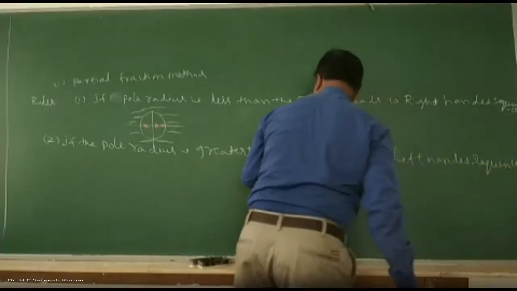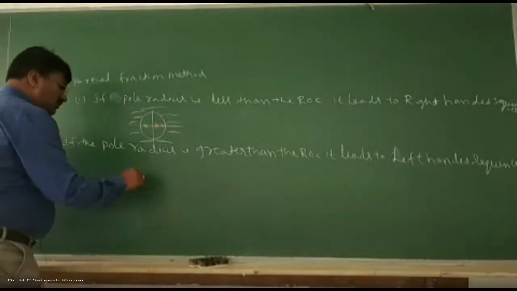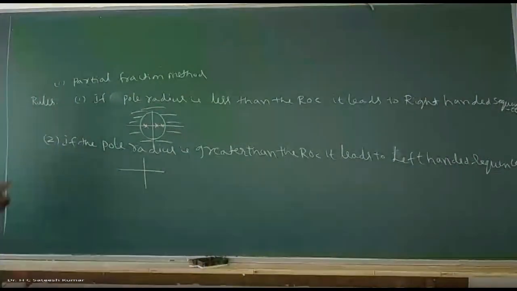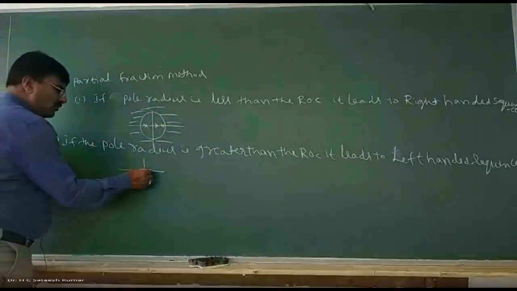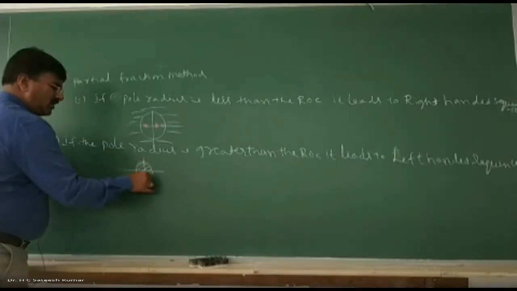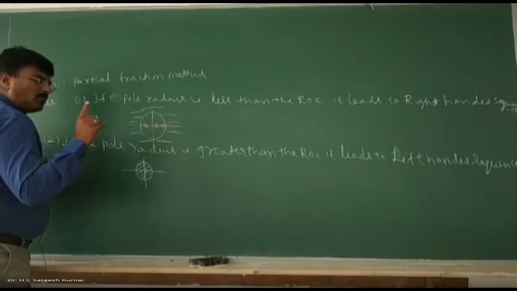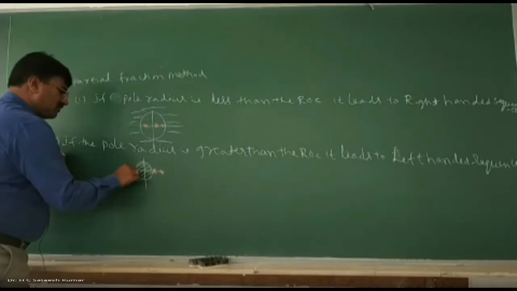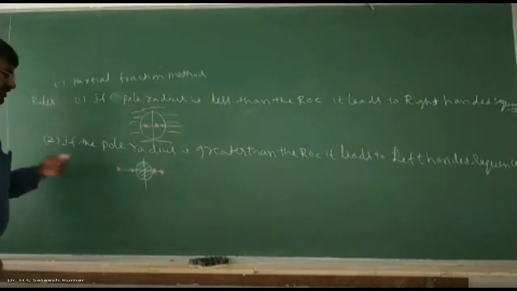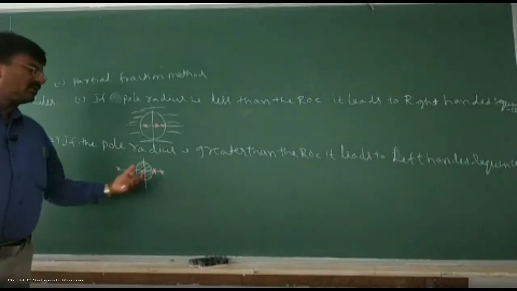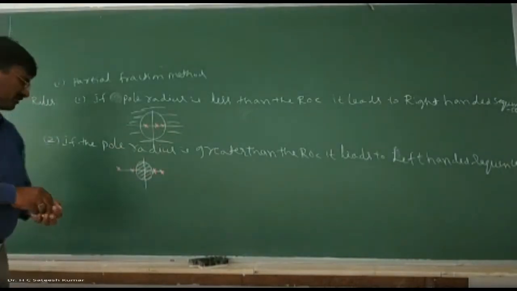Then what you should do is sketch the ROC first. From the given expression, using partial fractions, keep it in the standard form. Then sketch the ROC and find the pole-zero locations from x of z. Let us say the poles are somewhere here. If the poles are outside the ROC, it leads to a left-handed sequence.